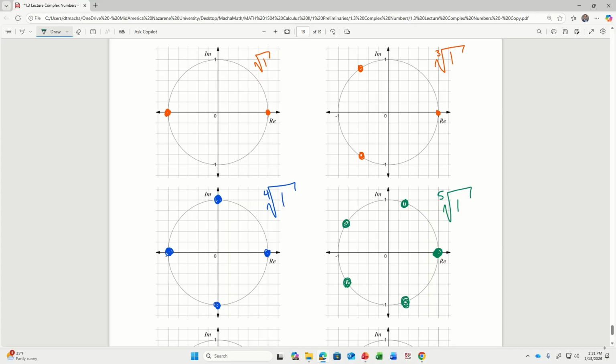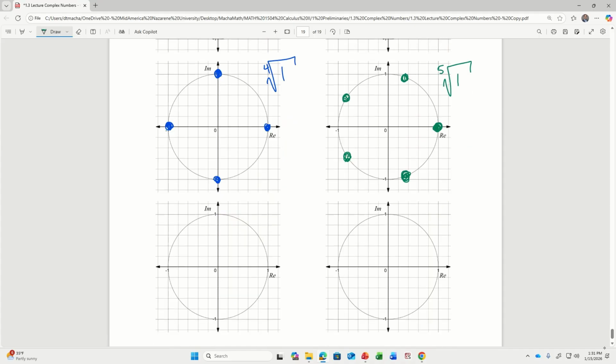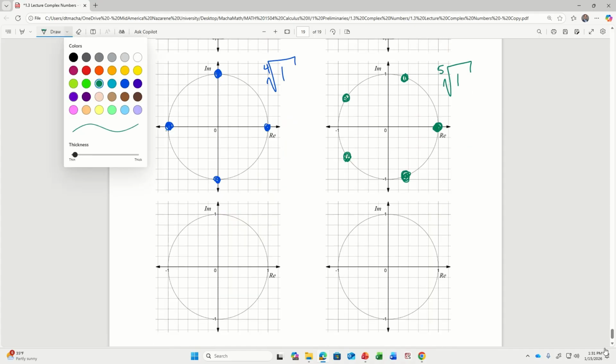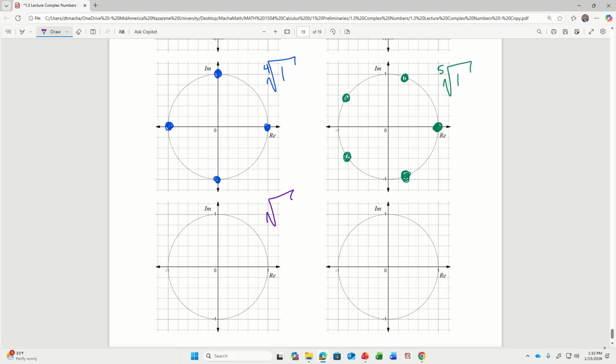Do you kind of see what's happening? These are all evenly spaced. So here's the sixth roots of unity. They're all evenly spaced around the unit circle.